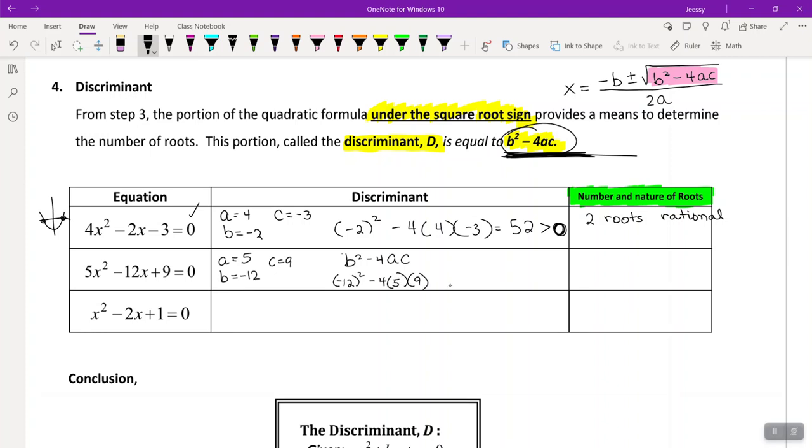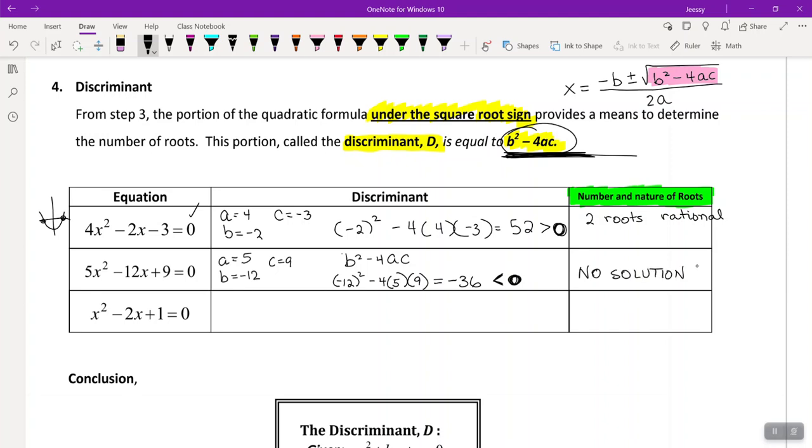And so what did we get? I get -36. All right, -36 is a number that's less than 0. If your discriminant is negative, there's going to be no solution.